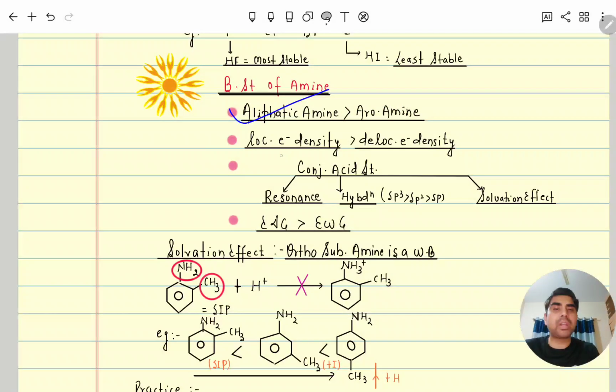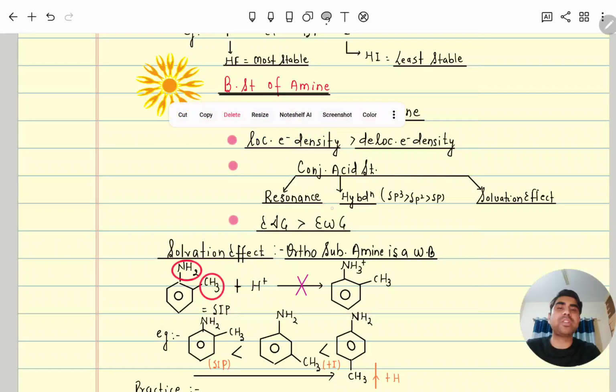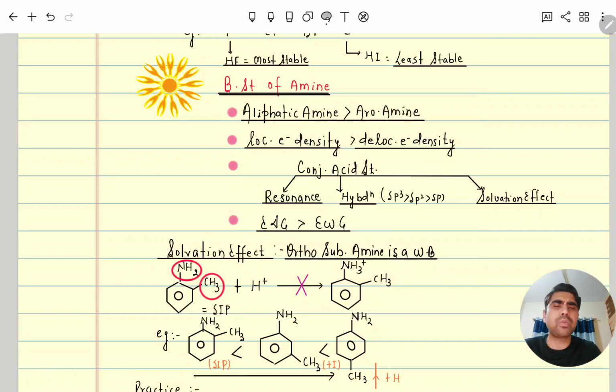So the more available the lone pair, the more its tendency to accept H plus, means basic strength will be more. Localized next, all those rules you have to apply in sequence. So next, localized electron density is more basic than delocalized electron density or delocalized lone pair.